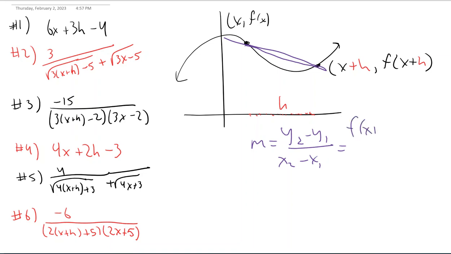And when we plug these things in, we discovered the difference quotient, and then plus x minus x, these cancel out. So that's what the difference quotient is. It is the regular old slope formula with some generic points, x, f of x, and x plus h, f of x plus h.